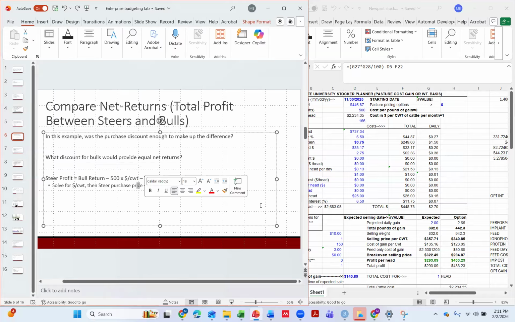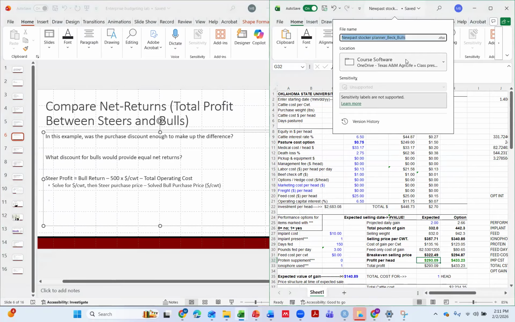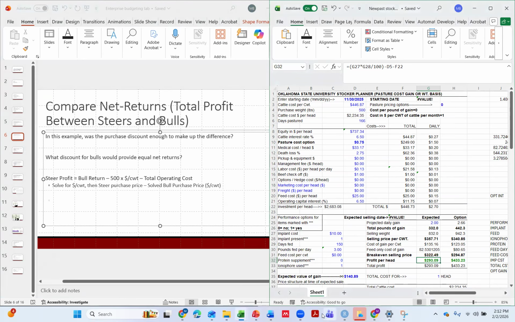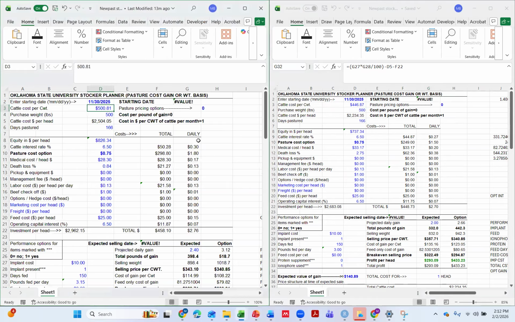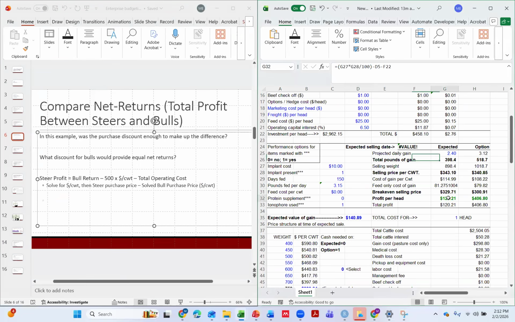So in this example, we have steers bringing in a net return of 120.21.